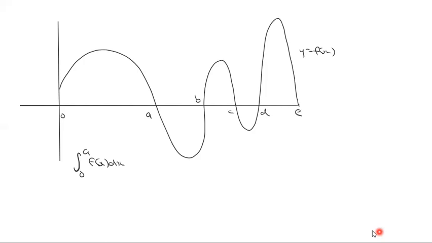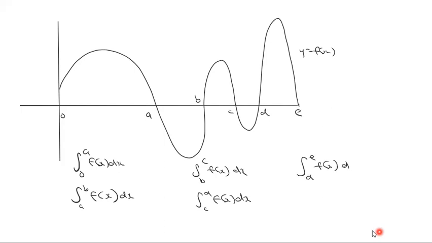It's positive. Correct. A to b, negative. b to c, positive. c to d, negative. d to e, positive. Very good. Now, let us do questions which might not be quite as obvious.